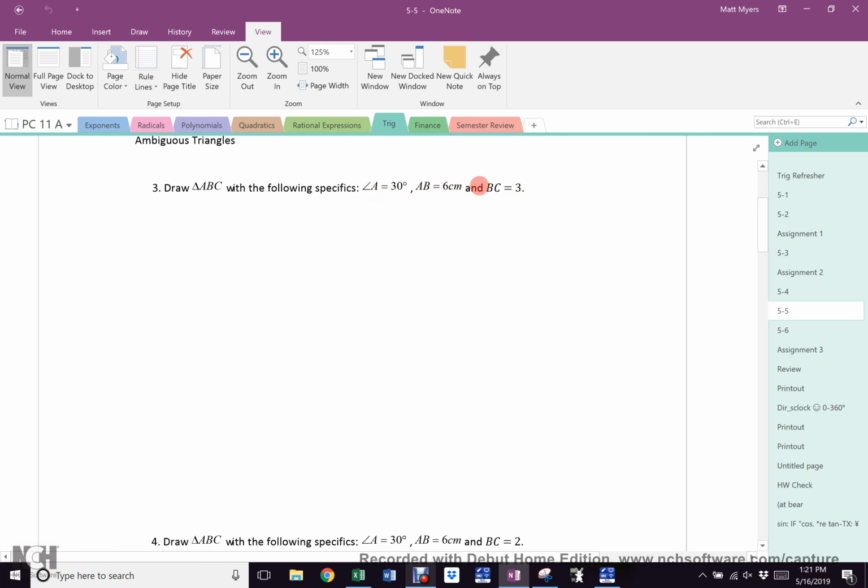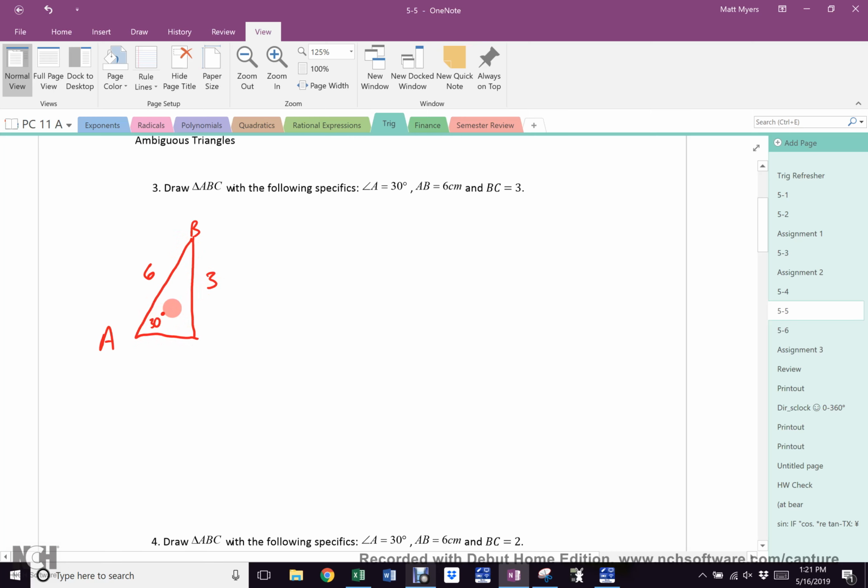I can draw one angle, A, and it is how big? 30 degrees. I can draw another side, A to B is 6, and B to C is 3. Is everybody cool with that?